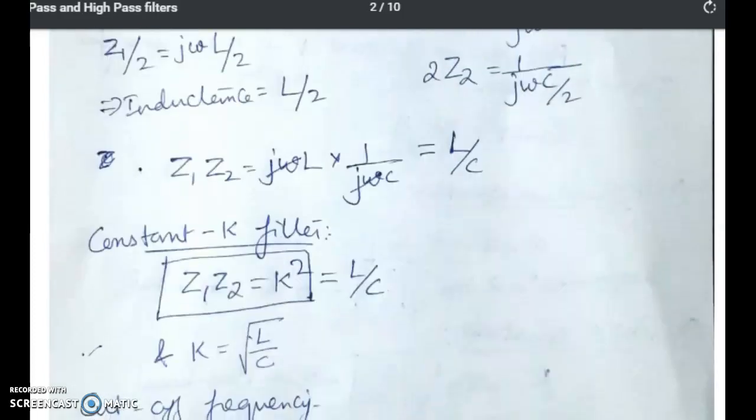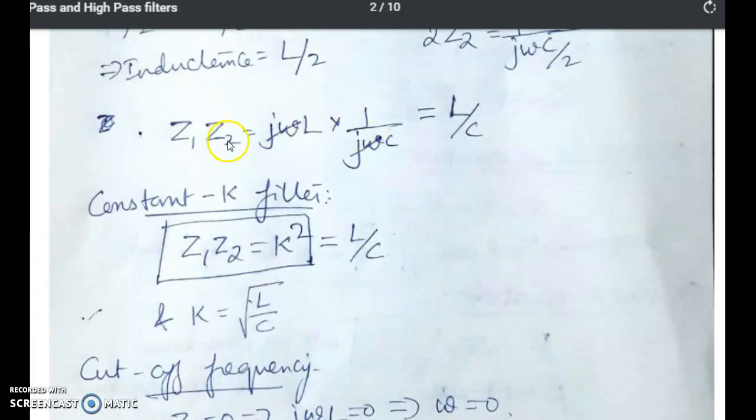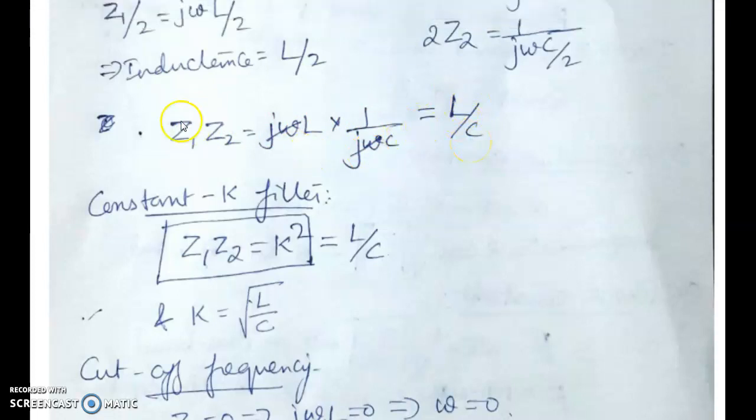In the case of constant K filter, Z1 Z2 is almost constant whether it is low pass or high pass. Because in case of low pass filter, Z1 is the inductor, that means Z1 is equal to j omega L. Z2 is the impedance of the capacitor, which is equal to 1 upon j omega C. So it is the ratio of inductor to capacitor. Similarly, in the case of high pass filter, Z1 will be the capacitor and Z2 will be the inductor.